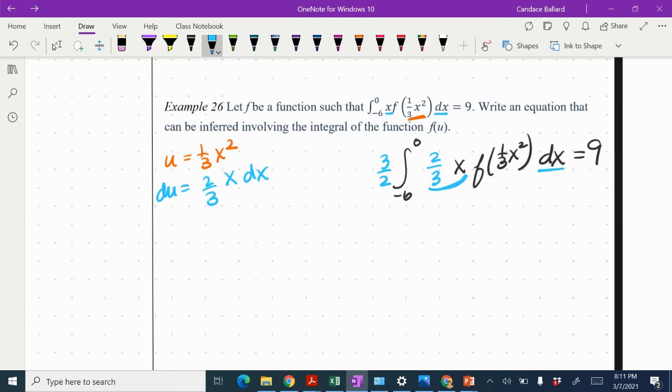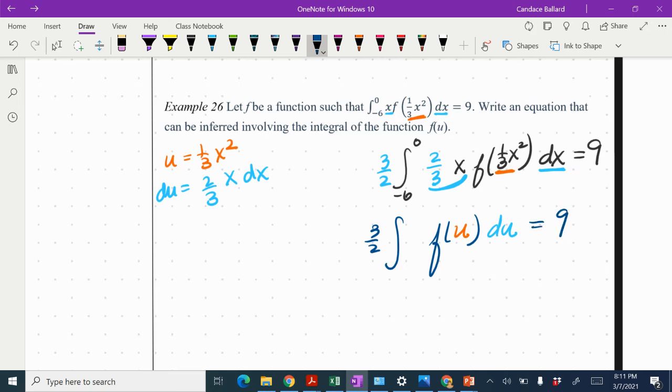So these are my blue, and this is my orange. I'm going to go ahead and rewrite. So I've got 3/2 times the integral, I'm going to change my limits in a minute, of f of u for the inside, and then for the blue, everything underlined in blue, I would get du. And then I'm still equal to 9, because I'm just carrying that down.